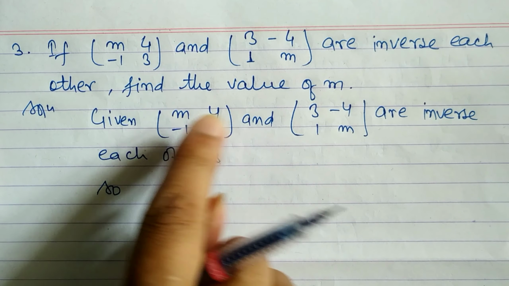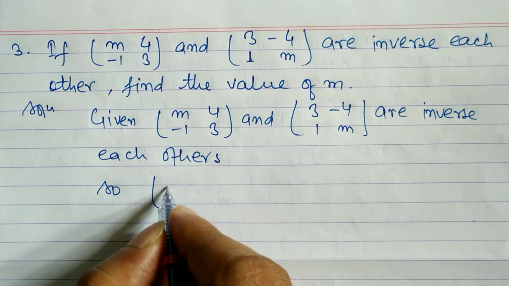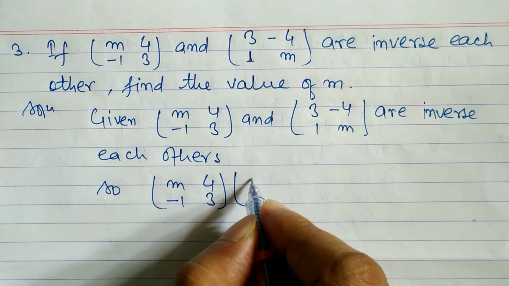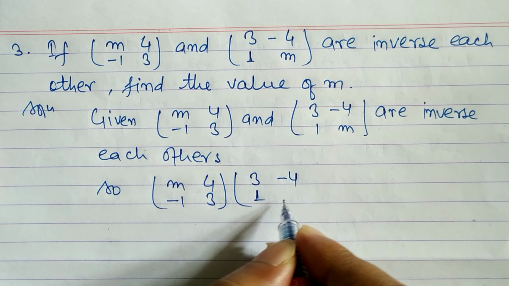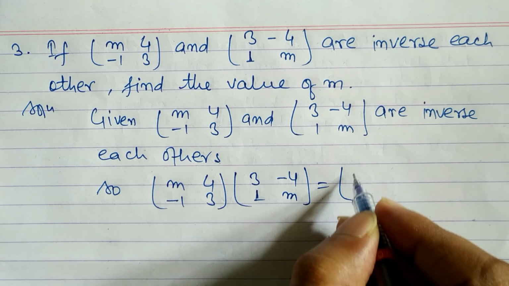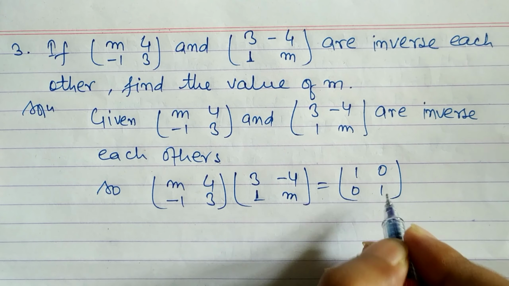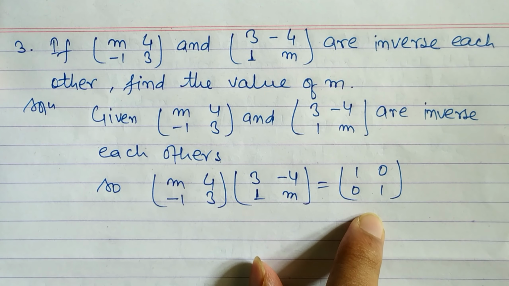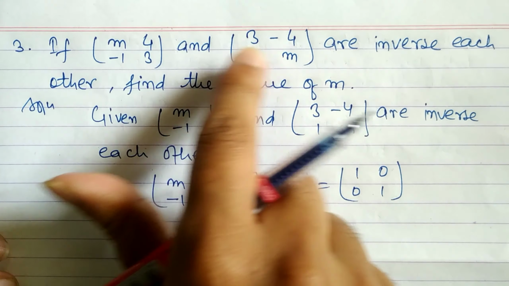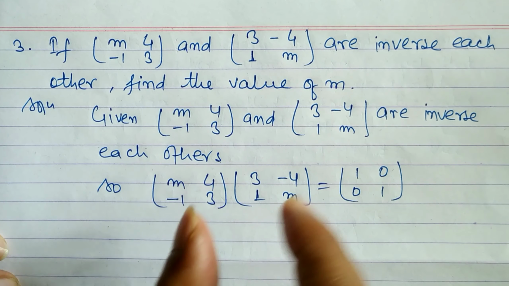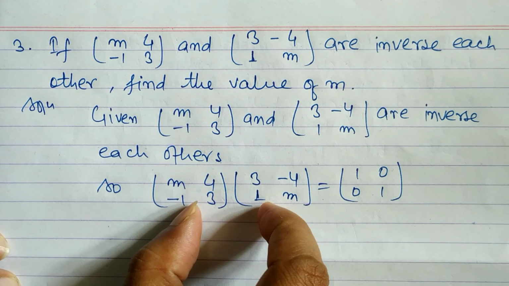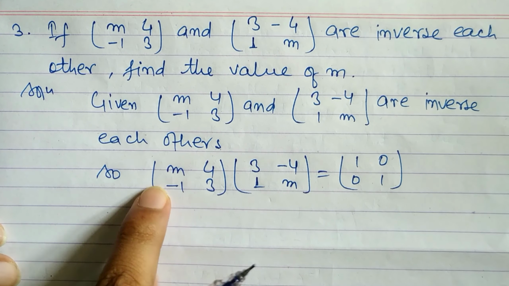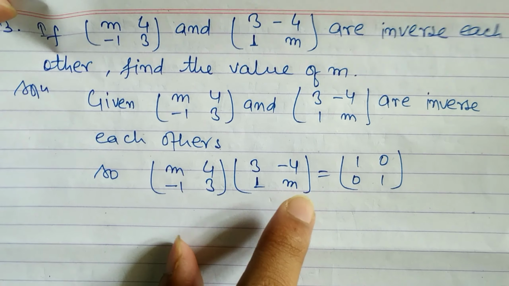So the product of these two matrices is equal to the identity matrix: [m, 4; -1, 3] times [3, -4; 1, m] is equal to [1, 0; 0, 1]. If any matrices are inverses of each other, when you multiply those two matrices, we always get the identity matrix. Now let's multiply this and find the value of m.